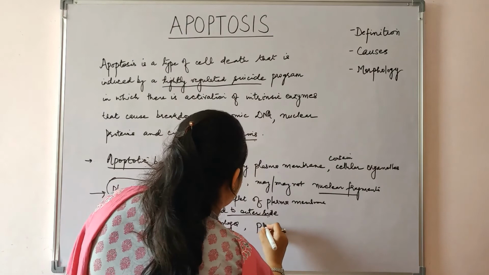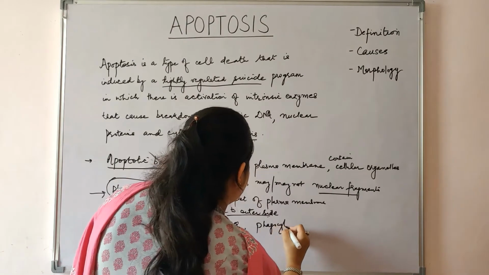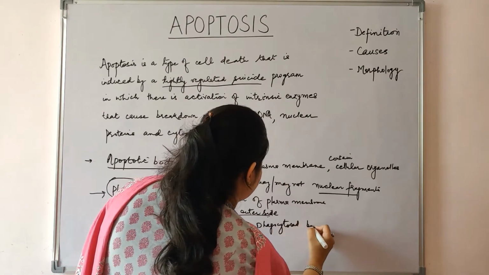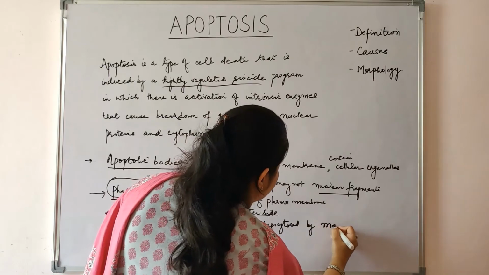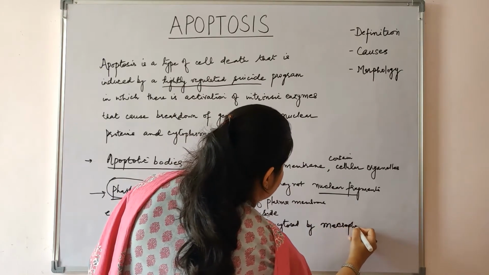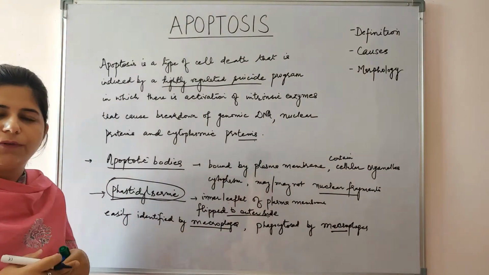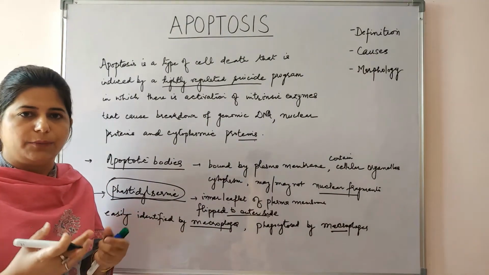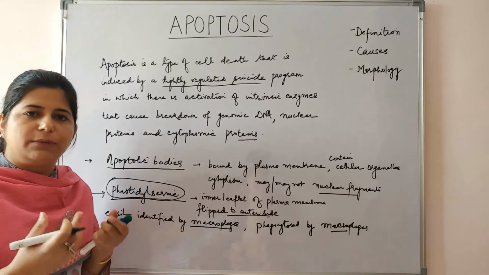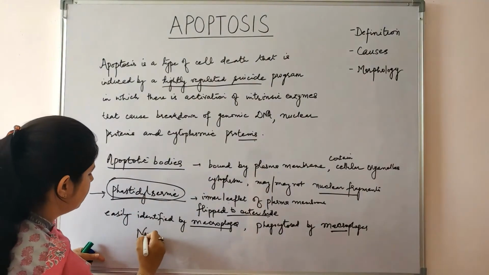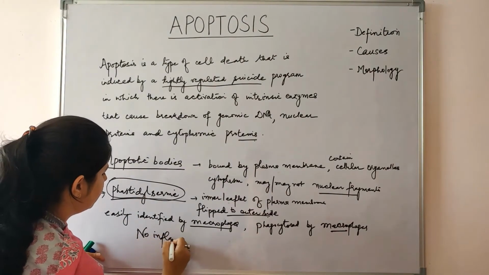So they are phagocytosed by macrophages. So what does it mean? It means that there is no spillage of the content from the apoptotic bodies, so there will be no inflammation.